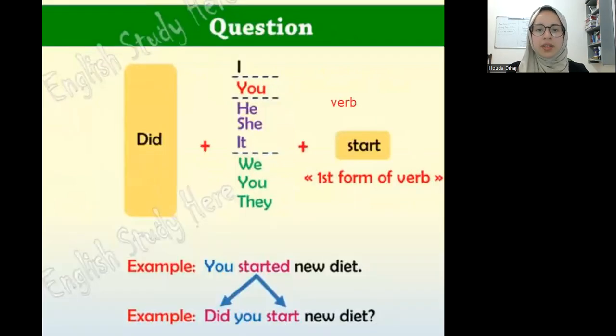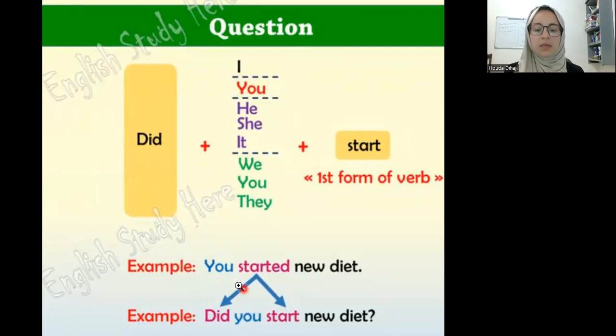Okay, let's move to the question form. This is very easy, my friends. Okay, so the question form here we have did plus subject pronoun plus verb, and pay attention, without ed. Okay, right. So for example we have: you started new diet. This is the positive form. Started new diet, لقد بدأت رجيم جديد.